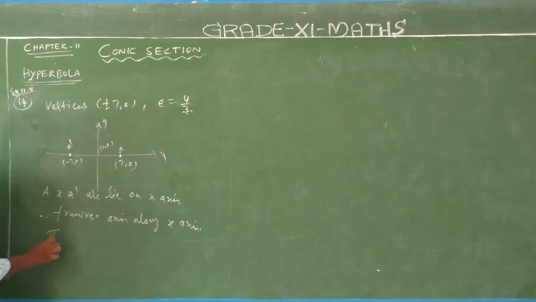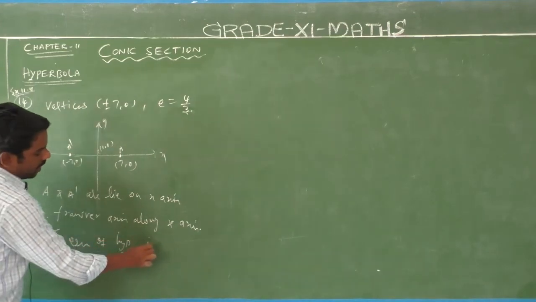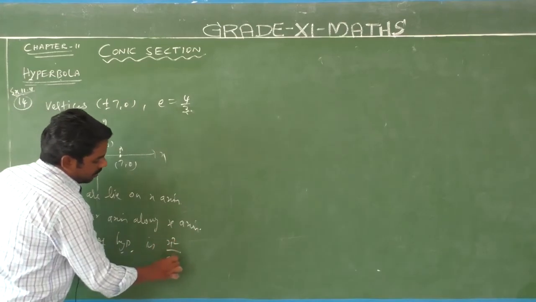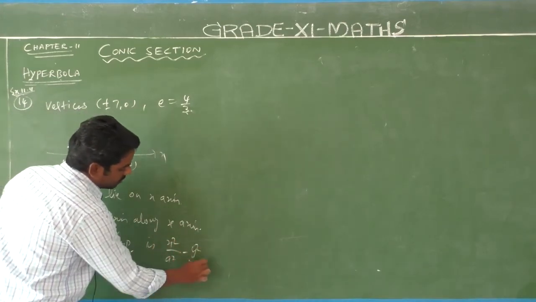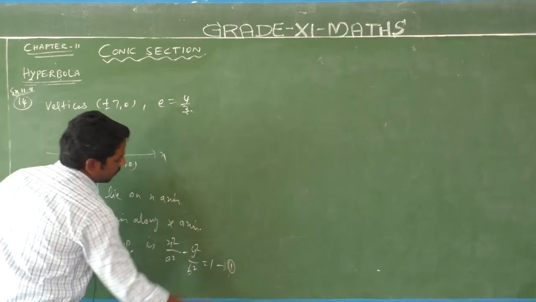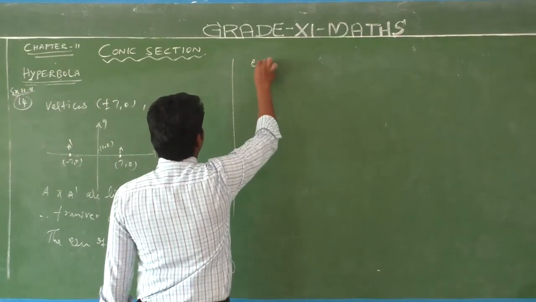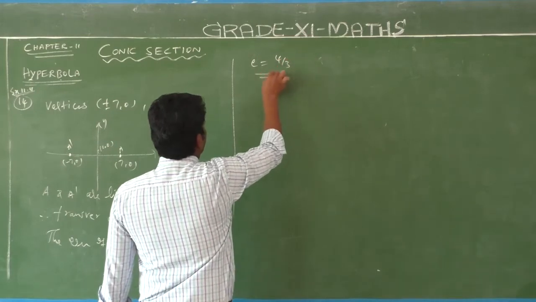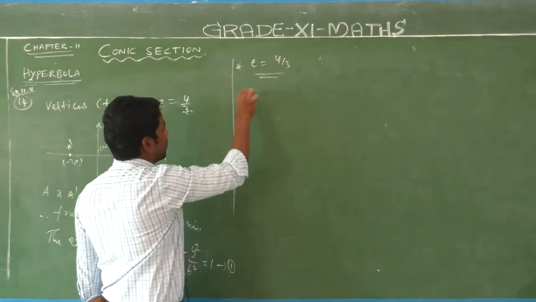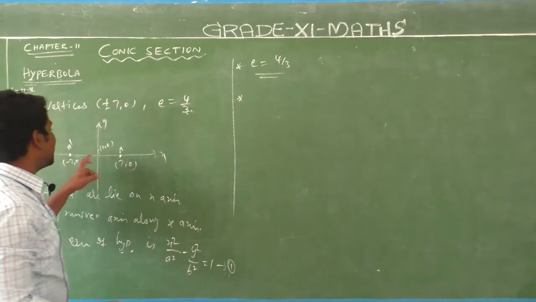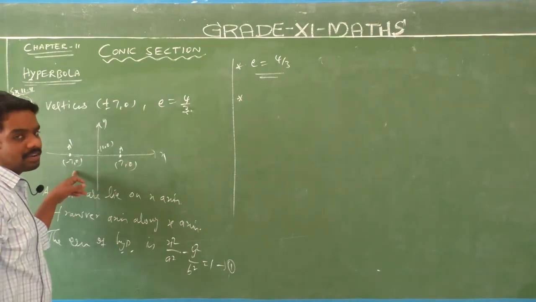The equation of the hyperbola is x squared by a squared minus y squared by b squared is equal to 1. This is equation number 1. Given information: eccentricity e equal to 4 by 3. Another piece of information: vertices A and A dash are 7 comma 0 and minus 7 comma 0.